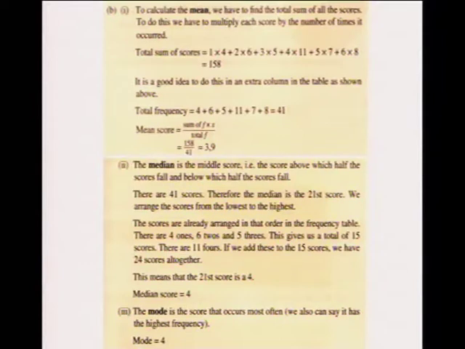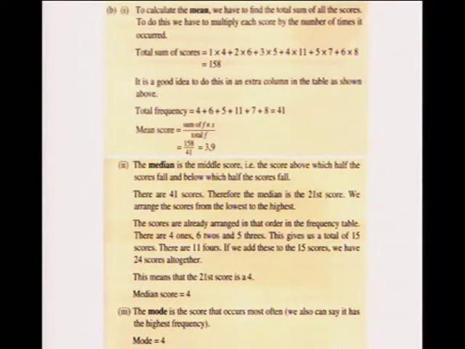The median is the middle score. So the score above which half the scores fall and below which half the scores fall. So there were 41 scores, so therefore the median, the middle, is the 21st score. We arrange the scores from the lowest to the highest, and the scores are already arranged in that order in the frequency table.